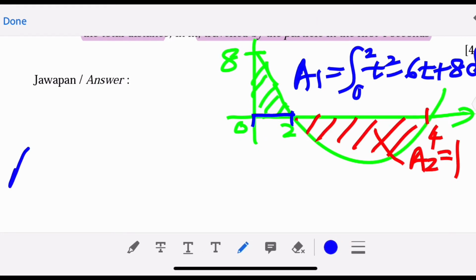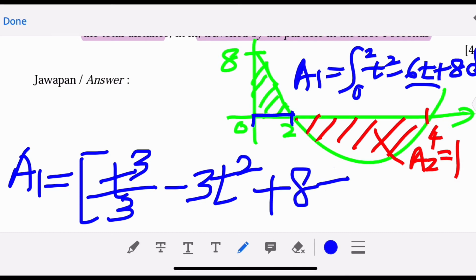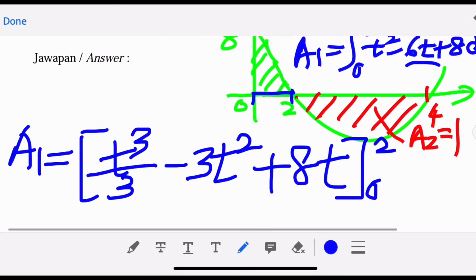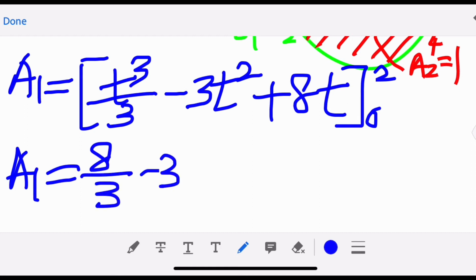So for A1, we integrate, we will have t cubed over 3, then 6t squared over 2, so that is 3t squared, plus 8t. Don't forget there is a t from the time 0 to 2. So let's substitute carefully. A1 is 2 cubed is 8 over 3 minus 3 times 2 squared, which is 4, plus 8 times 2.